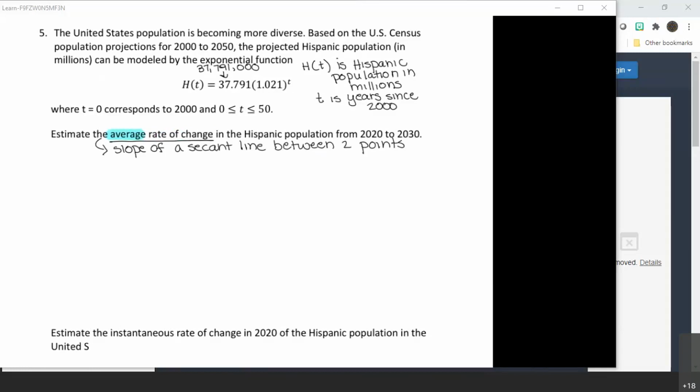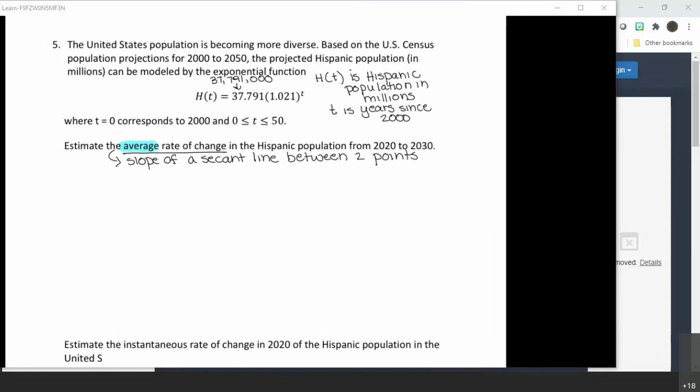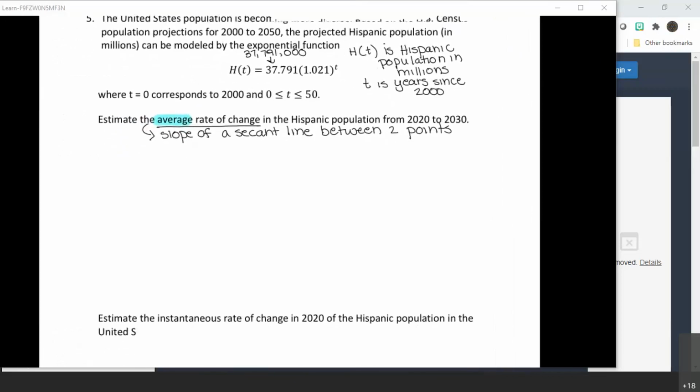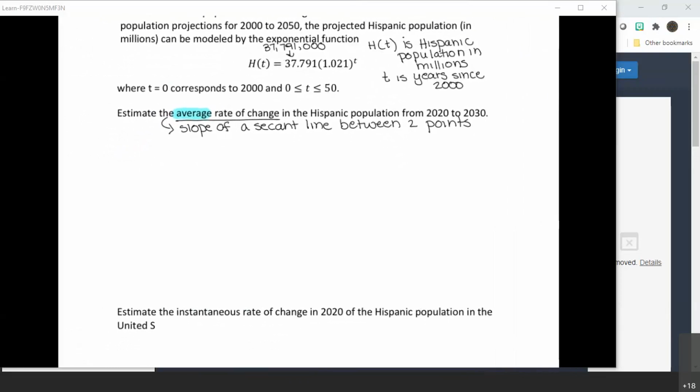Feel free to talk if it's too tedious to type it all. What are my 2 points? Anybody have any other thoughts? Remember, your points are going to look like this. Your first coordinate is an input value.